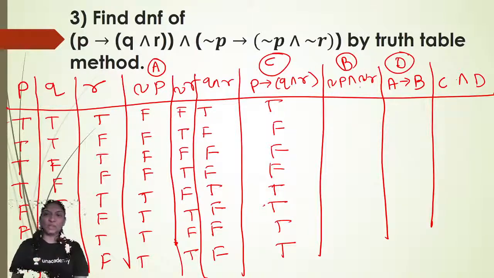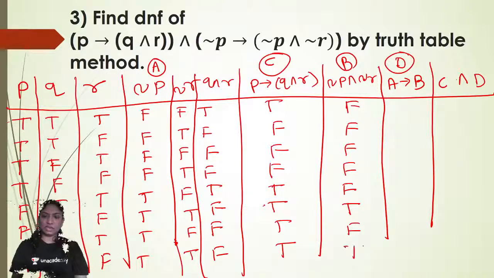Now negation of P and negation of R: FFF, FTF, FFF, FTF, TFF, TTT, TFF, TTT. This is your negation of P and negation of R. And A implies B: FFT, FFT.